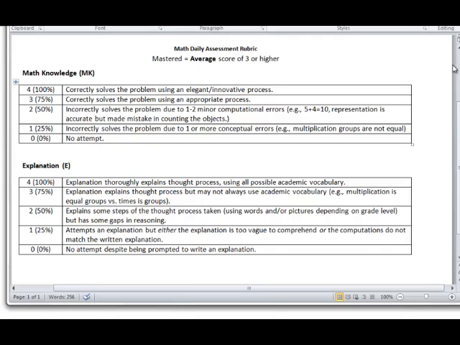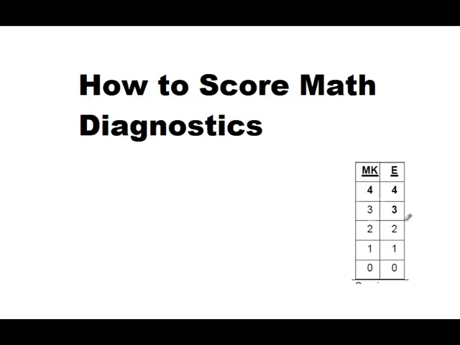So I'm going to walk you through a couple examples of how you can use the scale to assess a problem. So here's the scale next to each problem. So let's say I give a student a 3 in making knowledge based on the rubric and a 4 in their explanation.